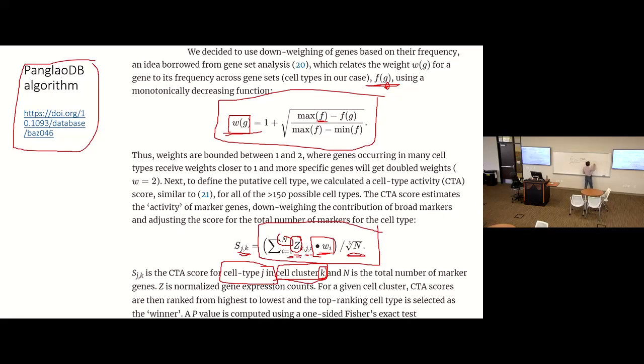And clusters 1, 2, 3, K in my data set, different clusters. Each cluster I assign to different cell types. So this is the PanglaoDB cell types.